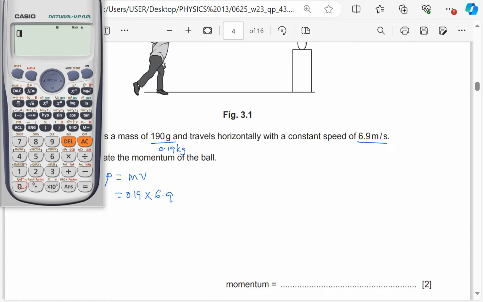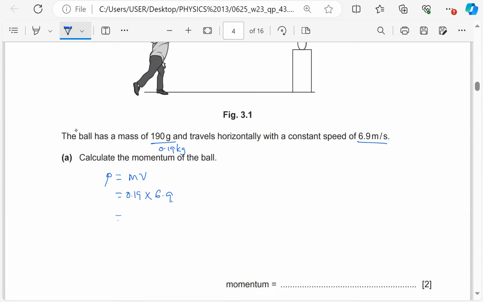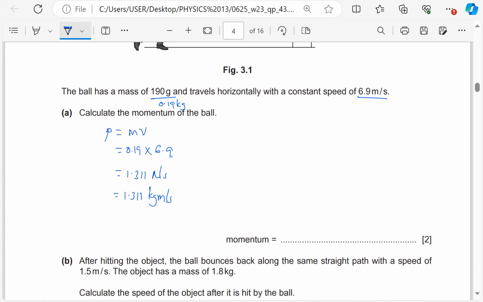From my calculator, 0.19 times 6.9 gives me 1.311. That is either newton seconds or kilogram meters per second. So I'll just write 1.3 kilogram meters per second, or you can write 1.3 newton seconds.